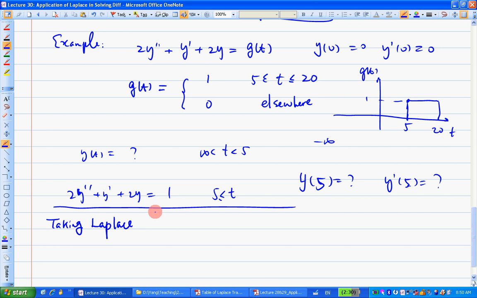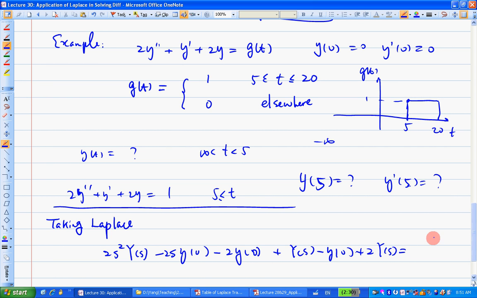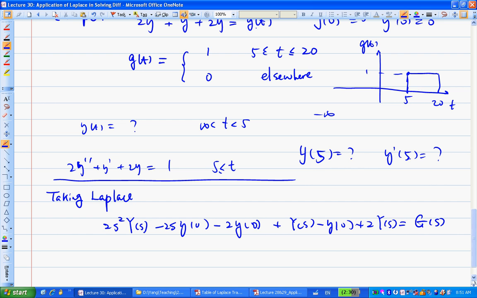So taking Laplace of both sides of this equation, it's a second order, so there's 2s squared capital Y of s minus s y of 0 minus y prime of 0, minus 2 y of 0, plus s Y of s minus y of 0, plus 2 capital Y of s, equal to G of s, equal to the Laplace of g of t, G of s.